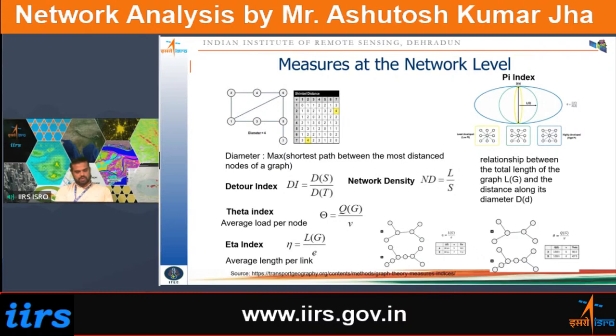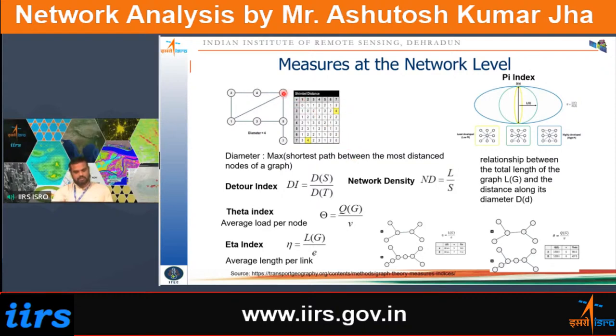In this case, the first measure is called diameter. It basically gives the longest shortest path between any nodes. Like in this case, you see that this graph is represented in matrix form as an adjacency matrix, and once you have that adjacency matrix available, you can create a matrix for the distances.